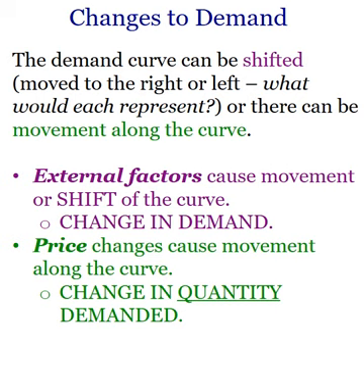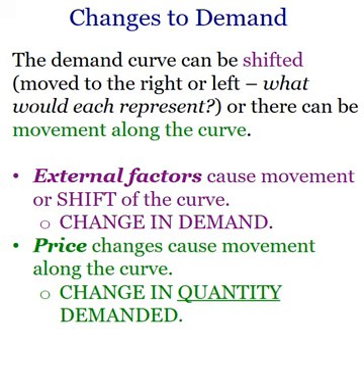Now, there's only one thing that causes a movement along the curve, and that's a change in price. So if you have a change in price, you actually just make two dots on the exact same existing demand curve, and you draw an arrow showing which way the price changed, and that will change the quantity demanded.